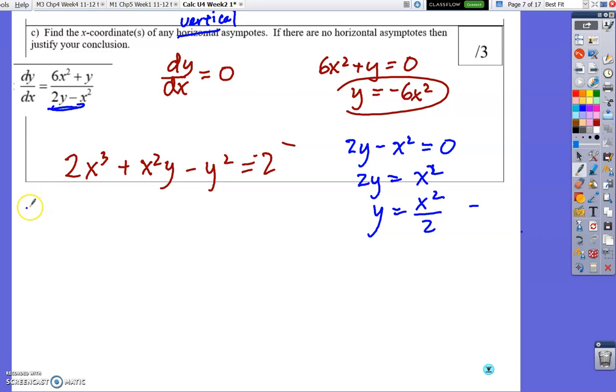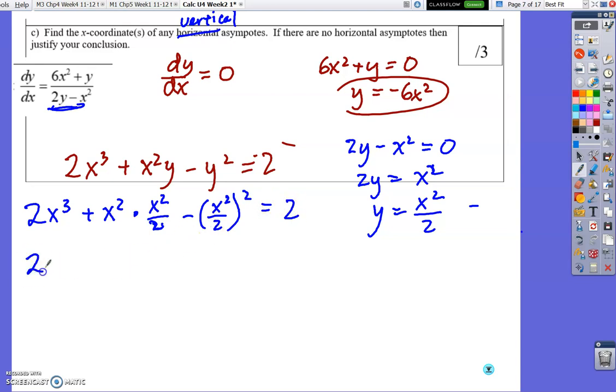So the same thing that we did before, we're going to substitute y with x squared over 2. So 2x cubed plus x to the fourth divided by 2 minus x to the fourth divided by 4 equals 2.